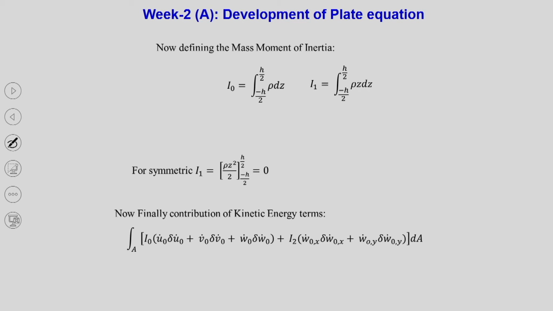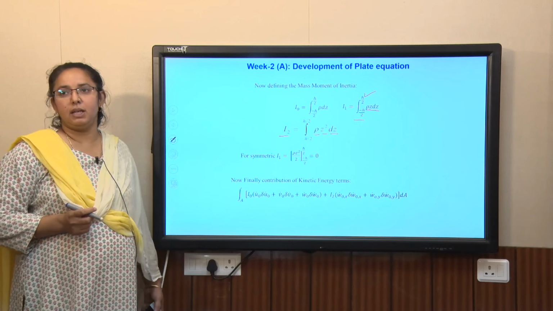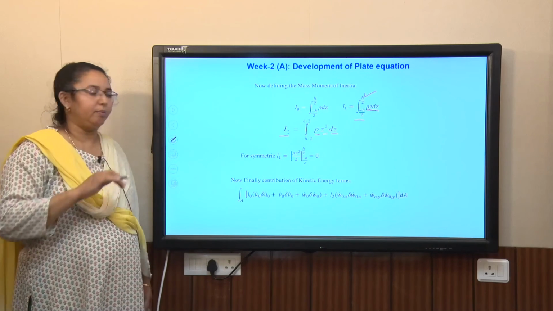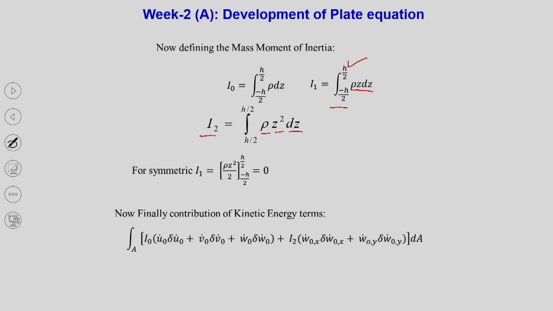Then you define I1, integral from minus h by 2 to plus h by 2 of ρ times z dz. Similarly, you define I2, ρ z square dz. So, for a symmetric case, when you are talking about a single layer and symmetric plate, if you do the integration, what will that be? z square by 2 and ρ times, and you put the limits, it becomes 0.